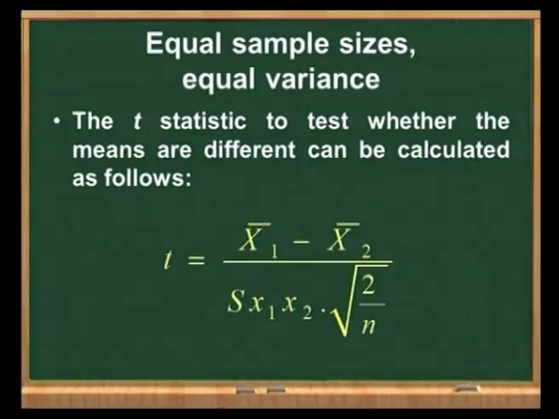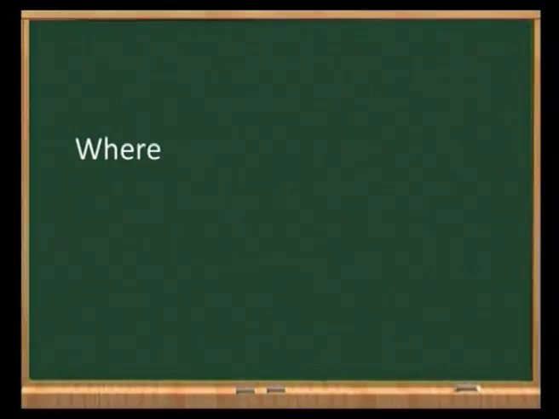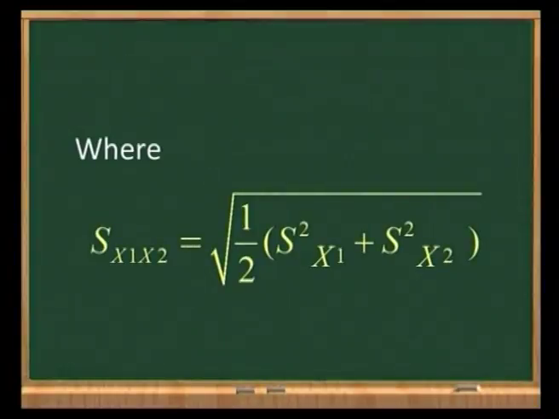t is equal to x1 bar minus x2 bar divided by S x1 x2 into root of 2 divided by n, where S x1 x2 is equal to root of 1 by 2 into S x1 squared plus S x2 squared.